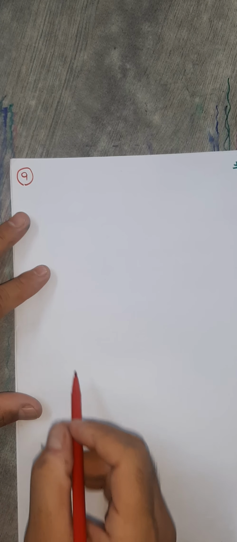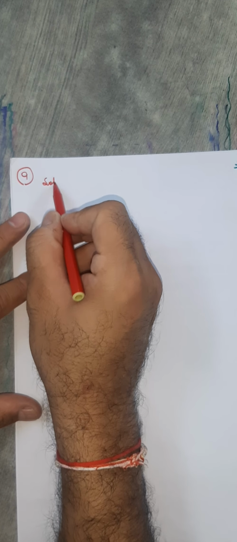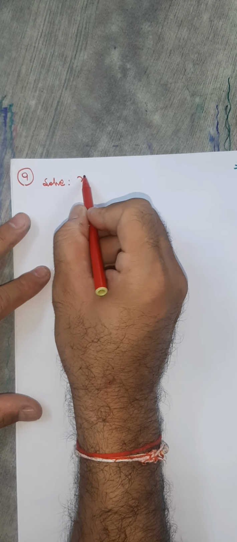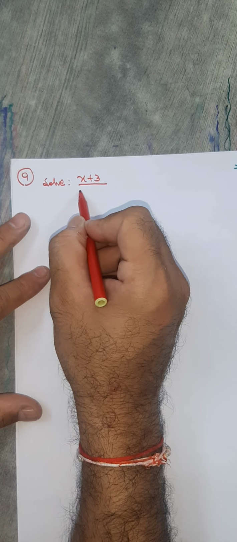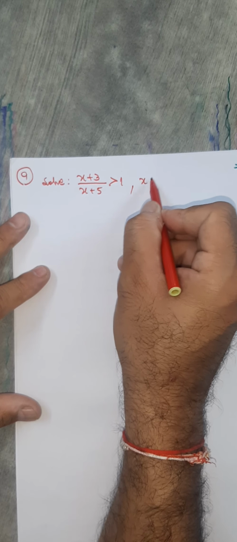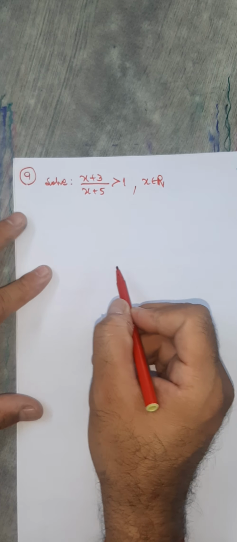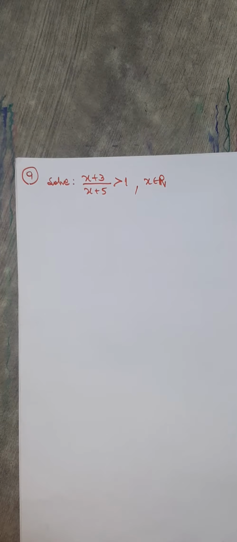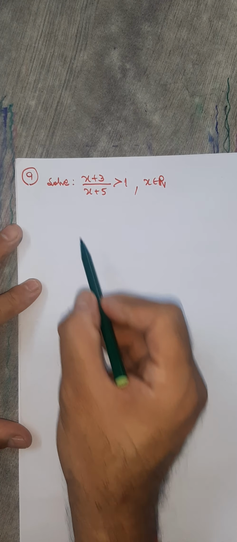Now let me do one question. There we have variable upon variable. So the question is solve this. x plus 3 upon x plus 5 is greater than 1, where x is any real number, remember. We have not discussed such questions in our exercises. There you have variable in the denominator also, remember.